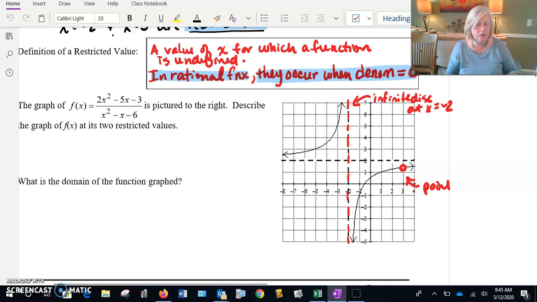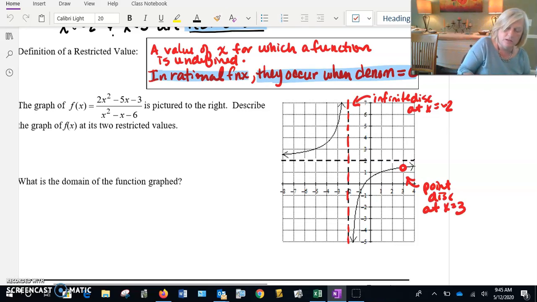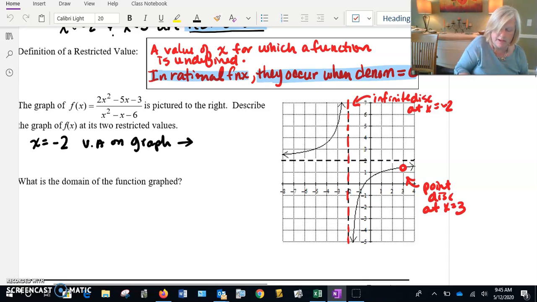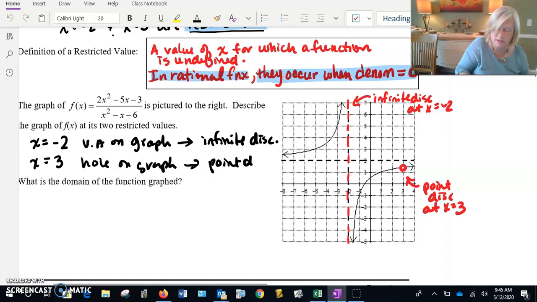And I'm going to remind you, if we look at the graph of the 2 restricted values, I'm just going to list those things over here. So x equal to -2 is a vertical asymptote on the graph, which implies an infinite discontinuity, and x equal to 3 is a hole on the graph, which implies a point discontinuity.